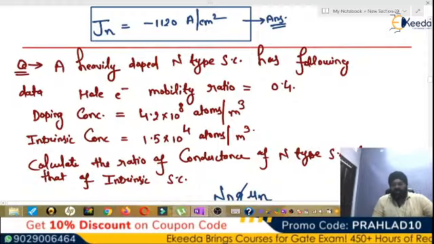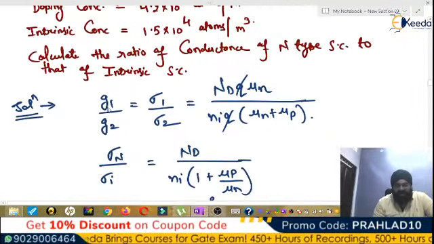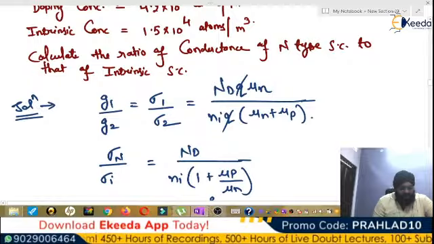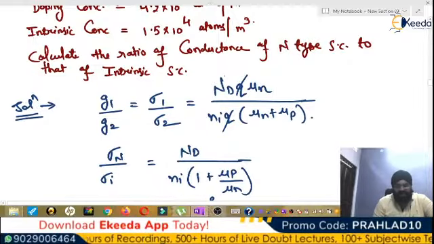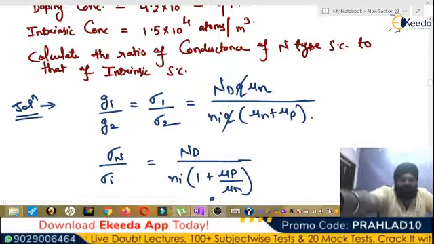Okay. So we have to calculate the ratio of conductance. It is Z1 over Z2, which is also equal to sigma 1 over sigma 2. So it is NdQ into mu n divided by NiQ into (mu n plus mu p). Right?